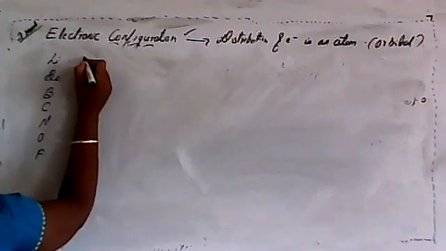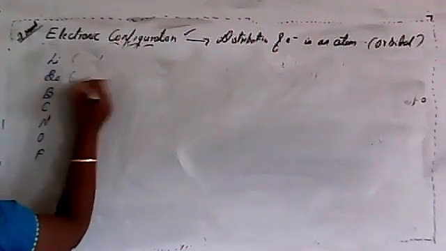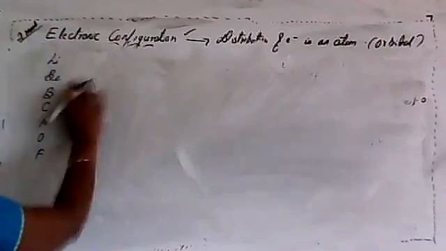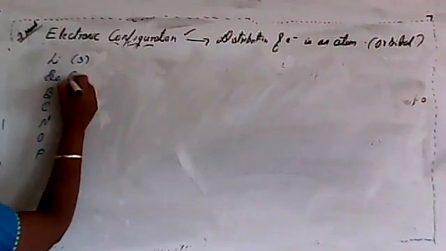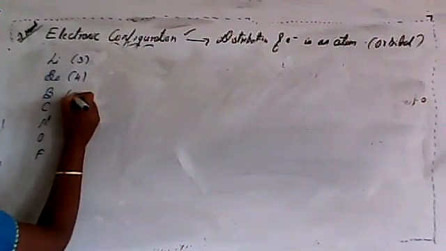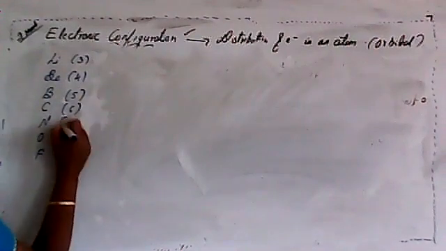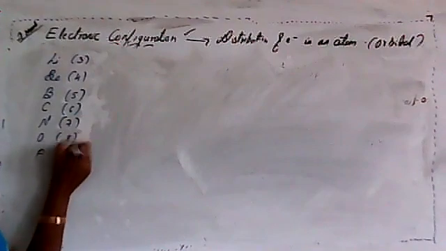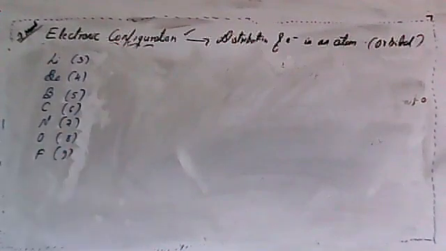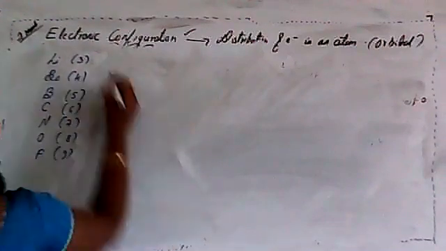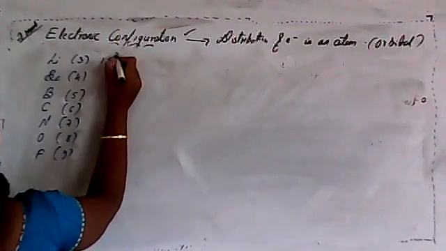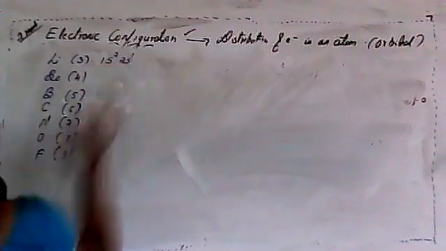First, you have to write the electronic configuration. Lithium atomic number 3, then 4, 5, 6, 7, 8, and the last one is 9. So 1s2, 2s1.